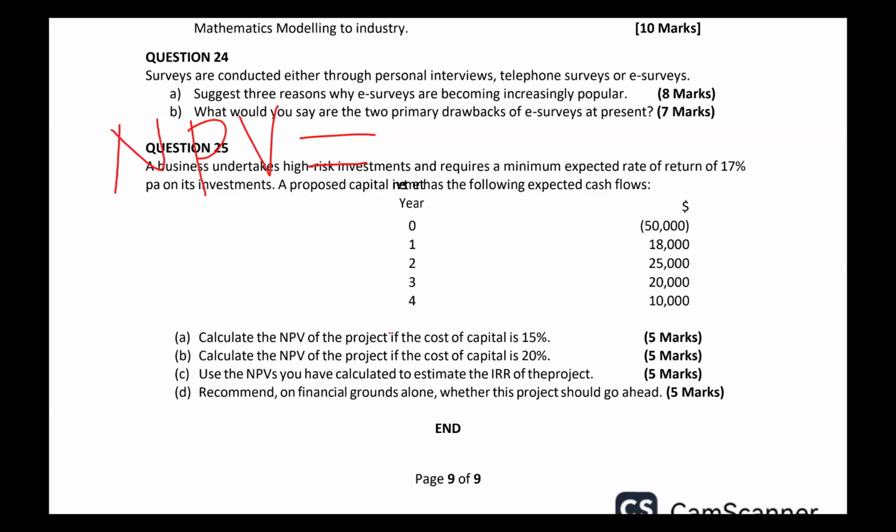Then you add the summation of the discounted cash flows. If you are not getting this, I'll repeat. You have the summation of the present values of the cash flows, and then you deduct the initial investment, how much you invested in the project.